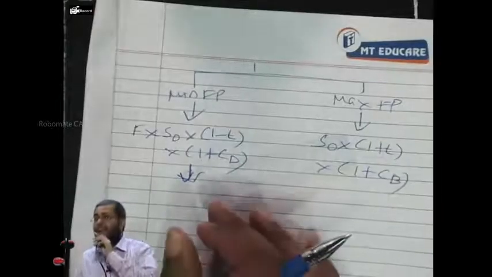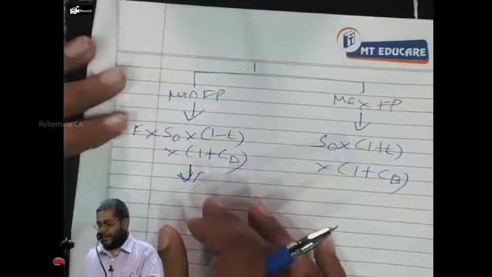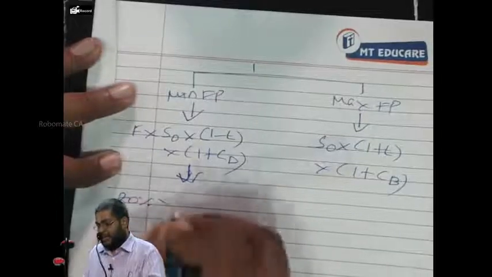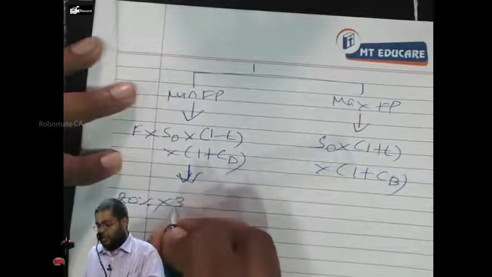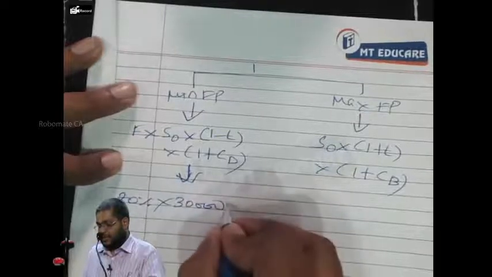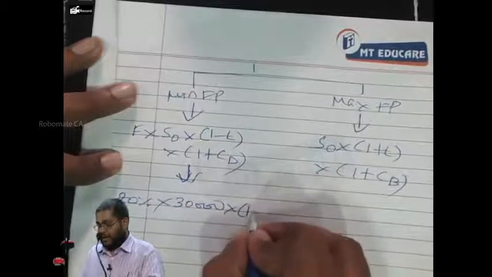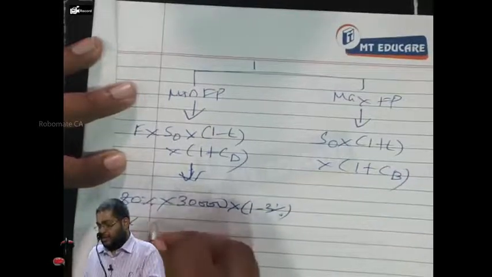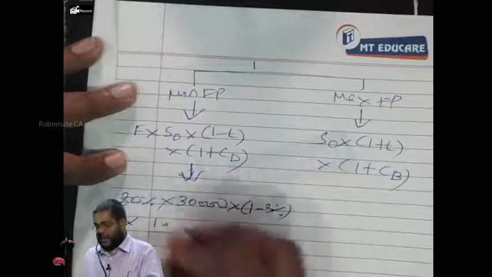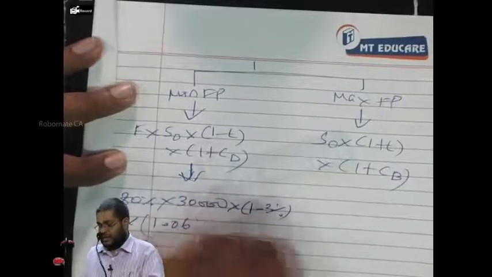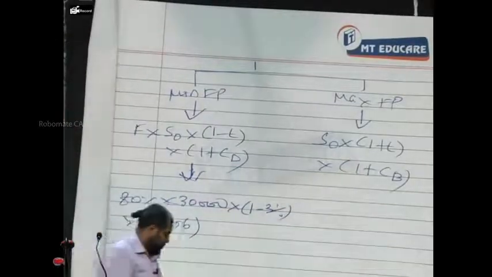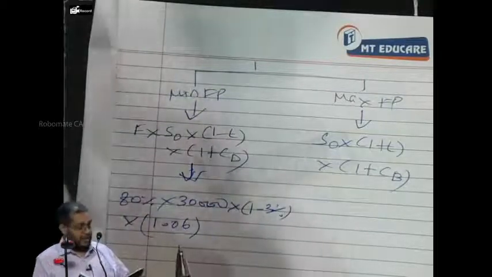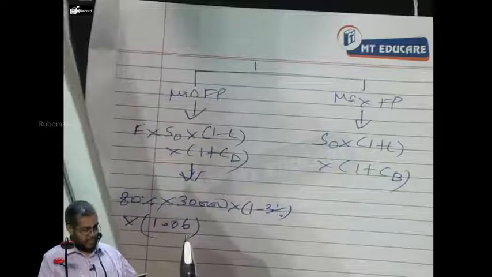What is the fraction amount my broker is giving? How much percentage here? 80%. What is the spot price of gold? 30,000 into 1 minus what, the brokerage here? 3%. Into 1 point, what is the deposit rate of interest? 6%, 1.06. How many months? 1 year.